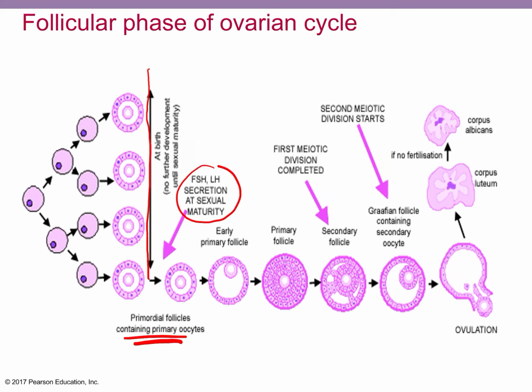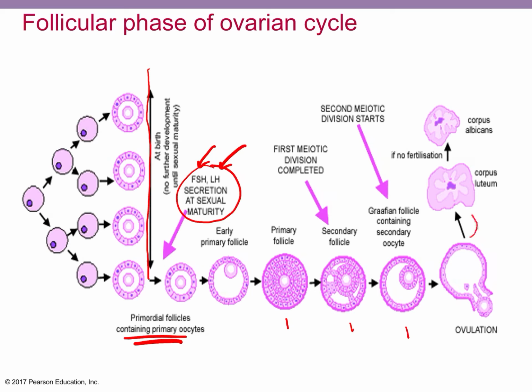And then this kind of sits there through adolescence. And then at sexual maturity, at puberty, that's when you get this follicle stimulating hormone, luteinizing hormone, and that's going to induce the maturation process of the follicle. So we're going to have a primary follicle, secondary follicle, our Graafian follicle, and then we have ovulation.